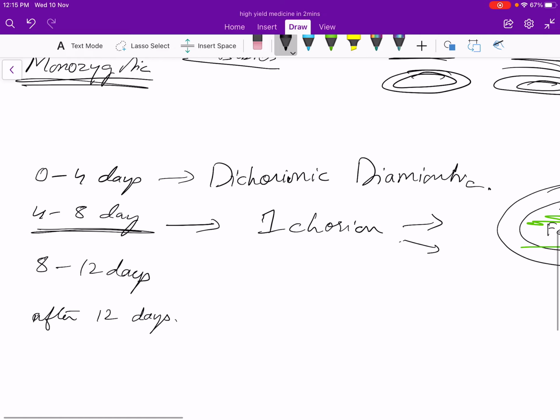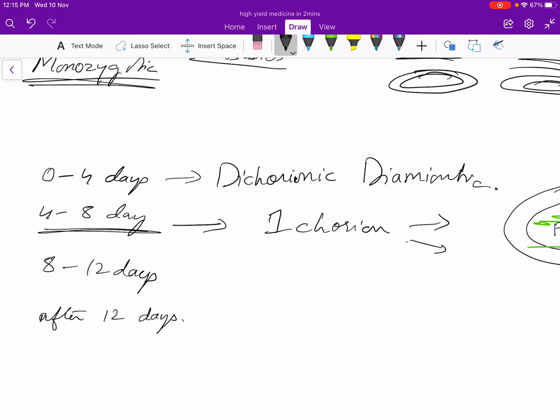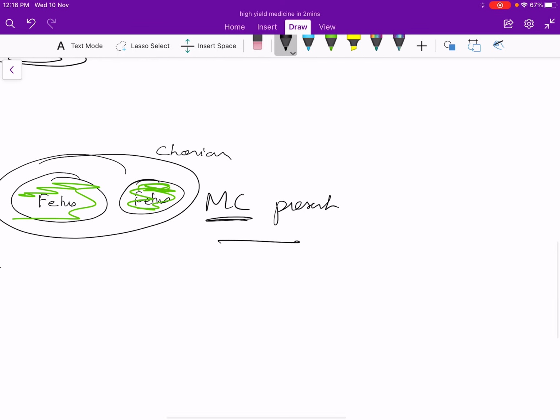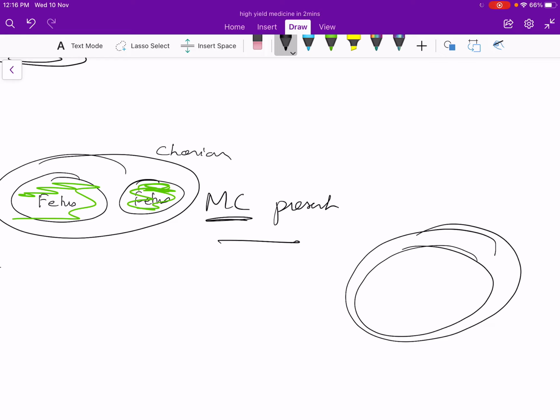If the division fails to occur even in the first 8 days, and occurs somewhere between 8 to 12 days, then the babies are going to have one chorion and one amnion. In a single chorion, in a single amnion, there are going to be two babies, sharing the amniotic fluid together.